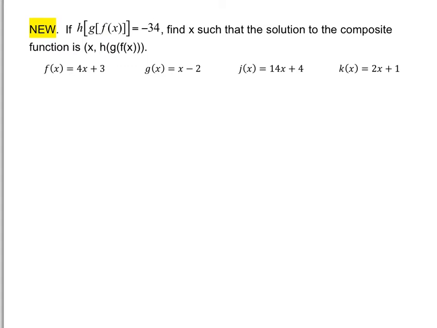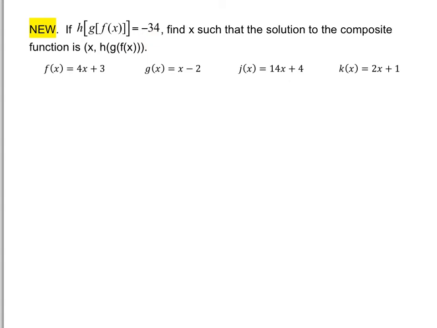So basically what they did is they gave you the final answer. So what you need to do is take this and simplify it like we learned. So let's start by finding this first. Then we set it equal to negative 34 and we'll go from there.